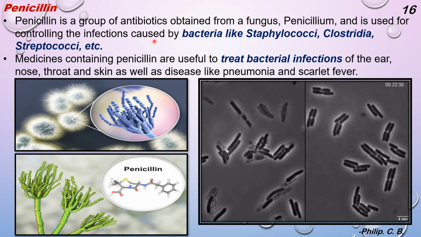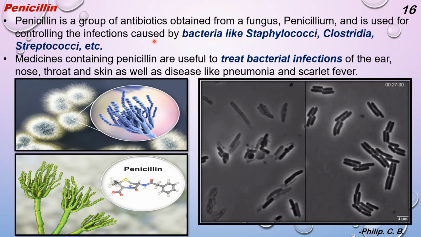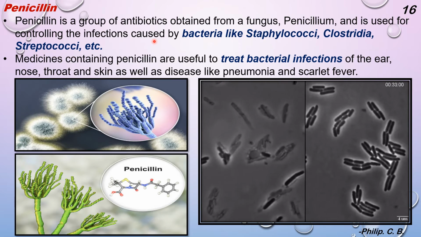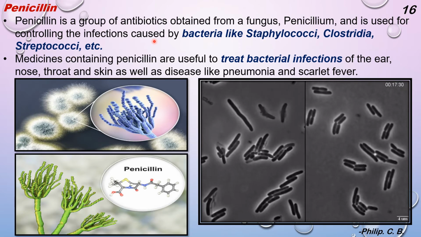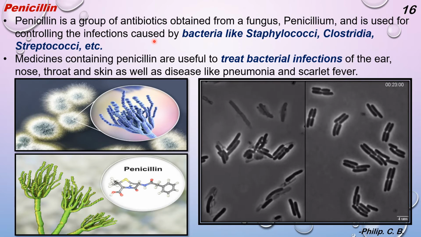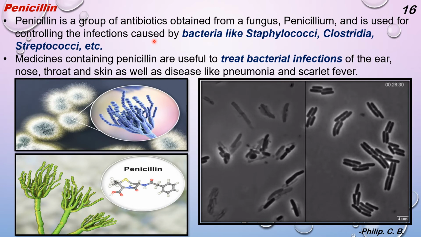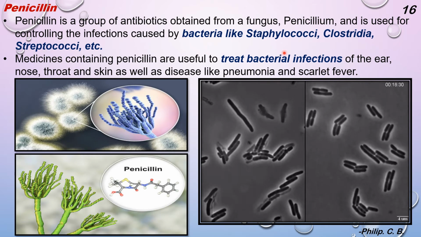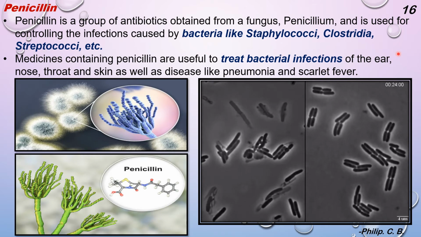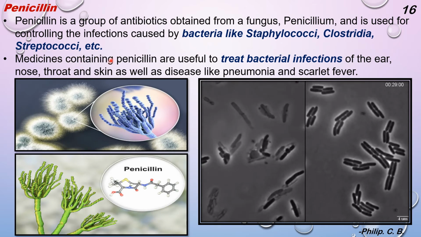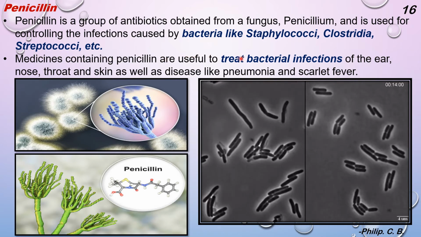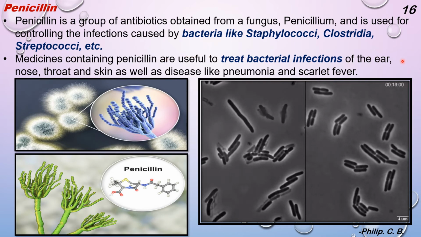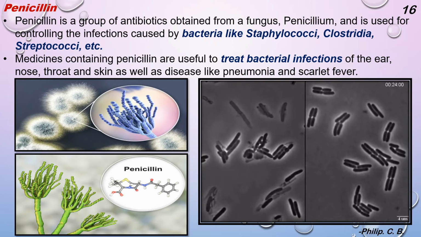So penicillin, again taken from a fungus, helps to control infection caused by various bacteria, as mentioned, Staphylococcus, Clostridia, Streptococci. Medicines containing penicillin are useful to treat bacterial infection of the ear, nose, throat and skin, as well as diseases like pneumonia and scarlet fever. So various uses of penicillin.